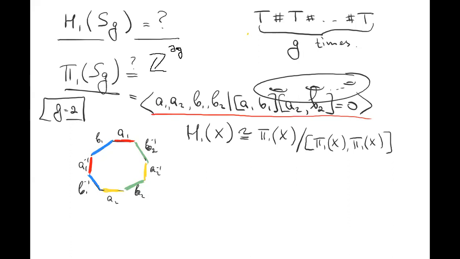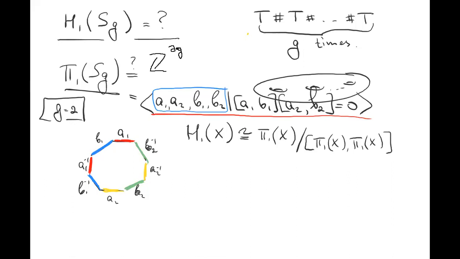So in general, you should take the free abelian group with the given set of generators and apply all relations that you have.